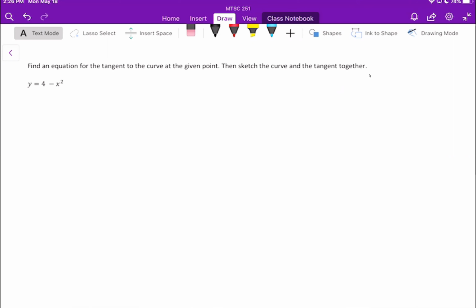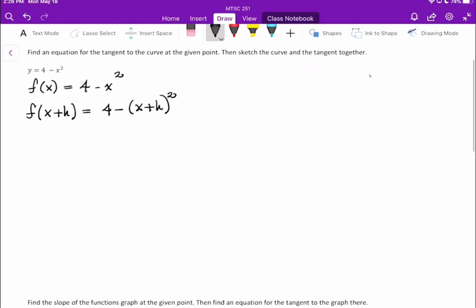So we will start by saying first that f of x is 4 minus x squared, and f of x plus h is 4 minus the quantity x plus h squared, but that is 4 minus x squared plus 2xh plus h squared.